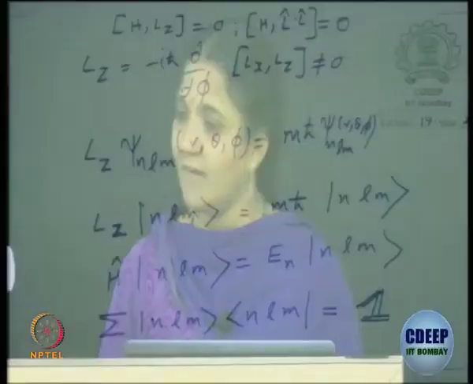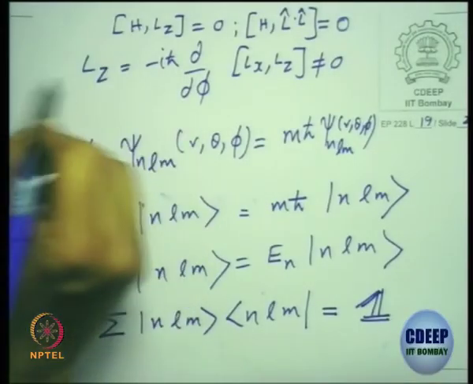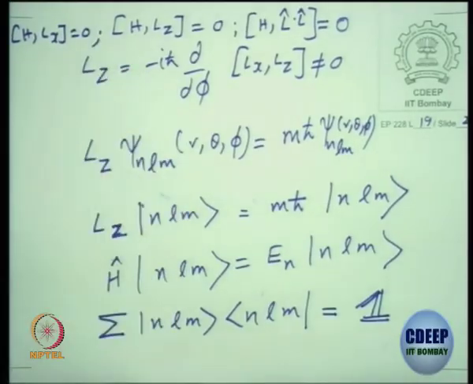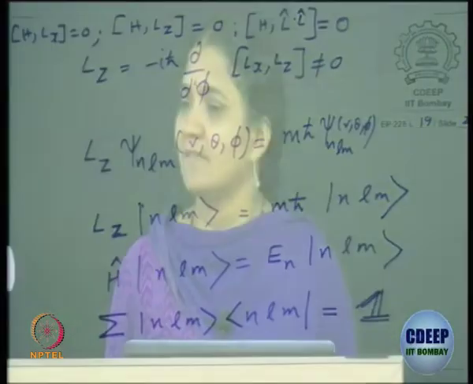Right? So, even though H with Lx is also 0, you need to find from this set what is the set which is compatible, the total set. You have to find the intersections. What is the intersection possible given this data?